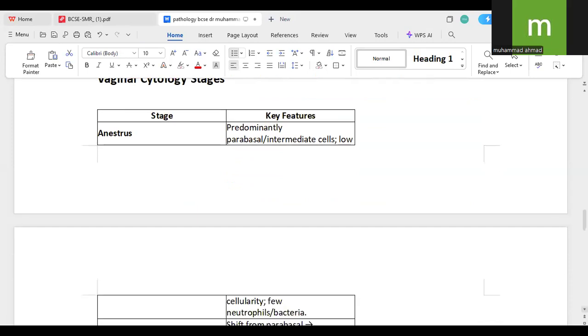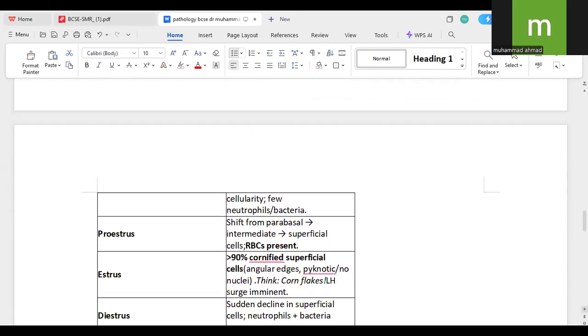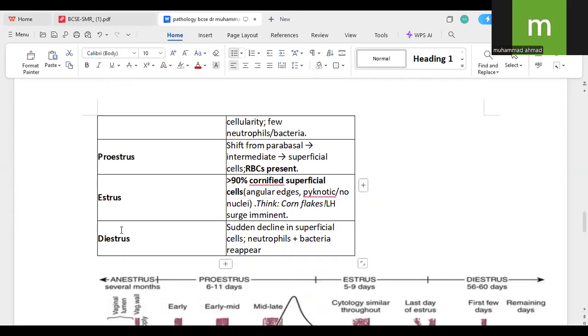In anestrus, basically there are predominantly parabasal and intermediate cells, low cellularity, and few neutrophils and bacteria. In proestrus, before the estrus, there is a shift from parabasal, then intermediate, and then superficial cells. Basically, in estrus there are more superficial cells.